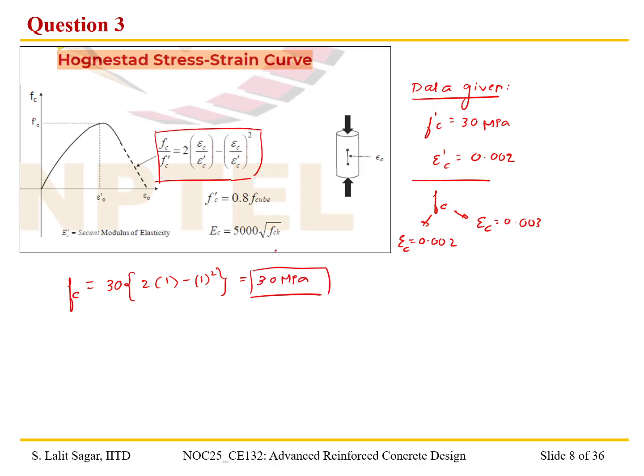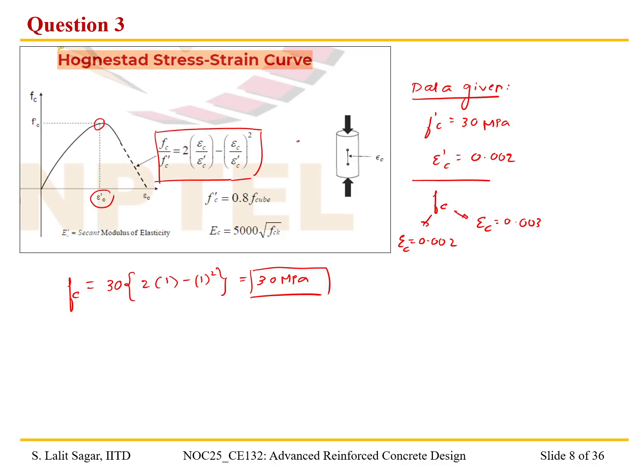So simply what we are trying to say is that when epsilon C is equal to epsilon prime C, the Fc or the stress in concrete is going to be the maximum value, that is equal to 30 MPa.